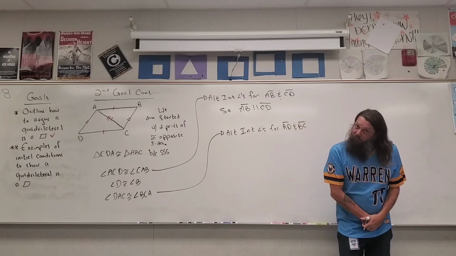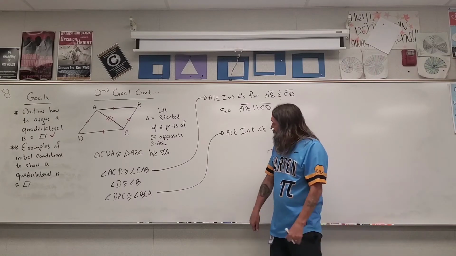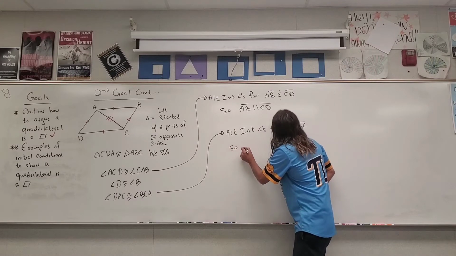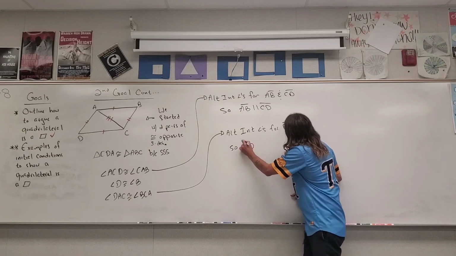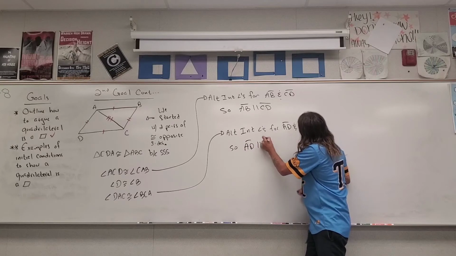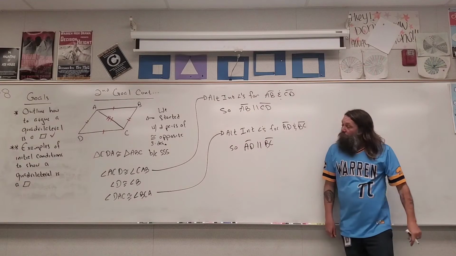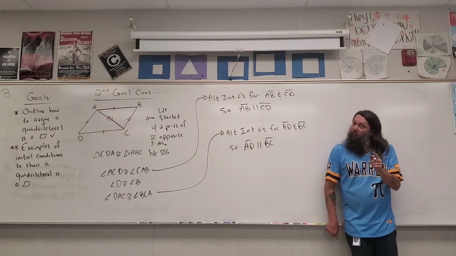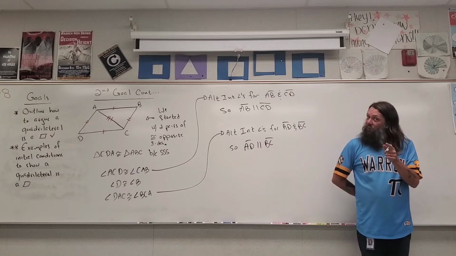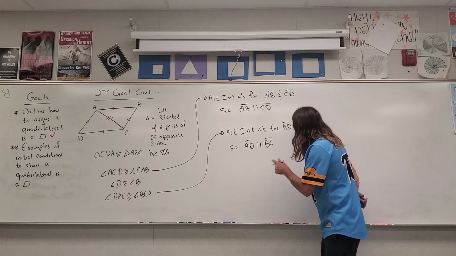And since they're congruent, that means that these must be parallel. All right. So, two pairs of congruent opposite sides are a good enough initial condition to have a parallelogram.